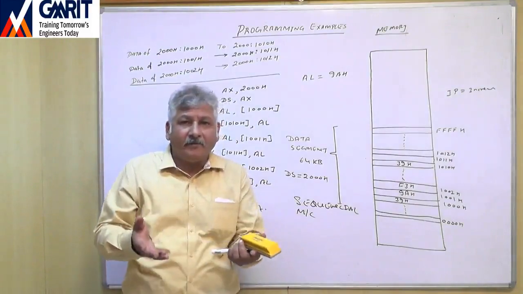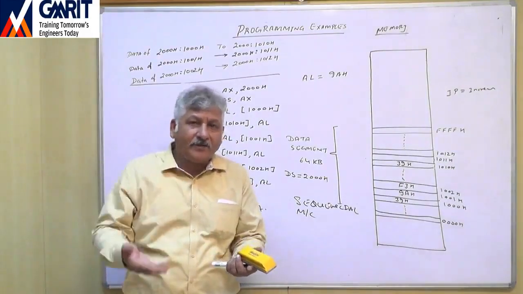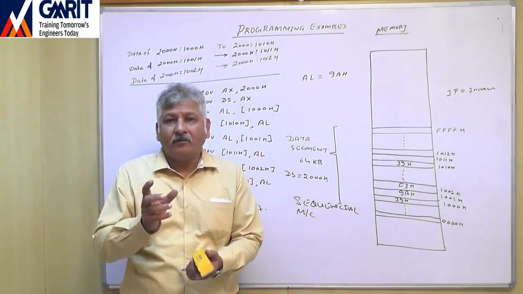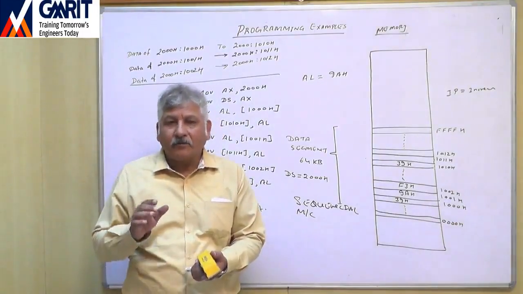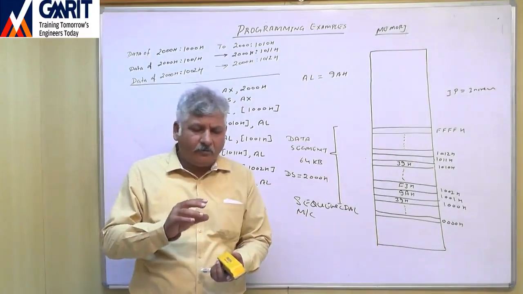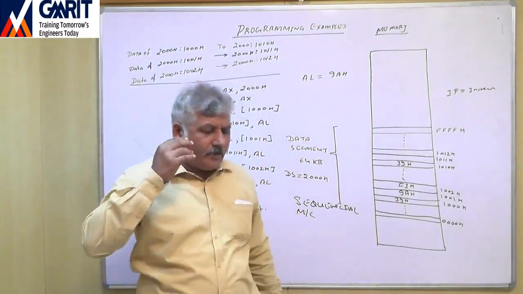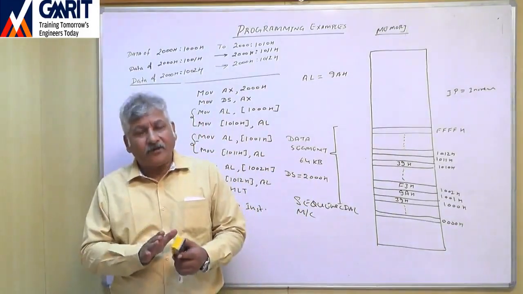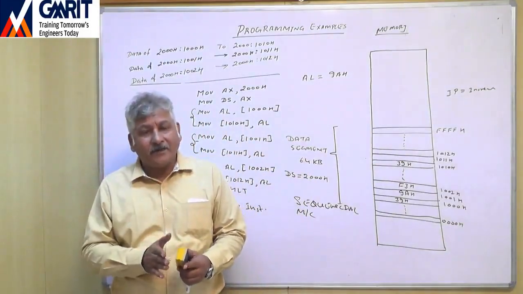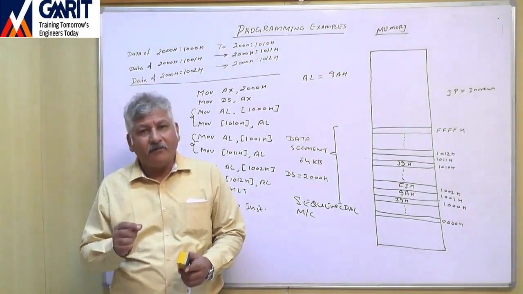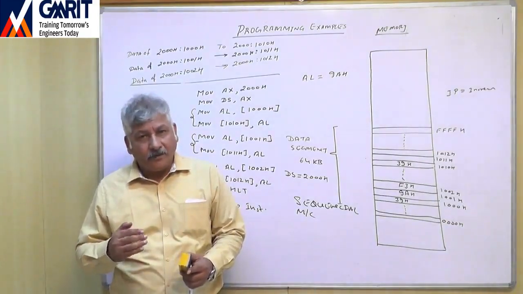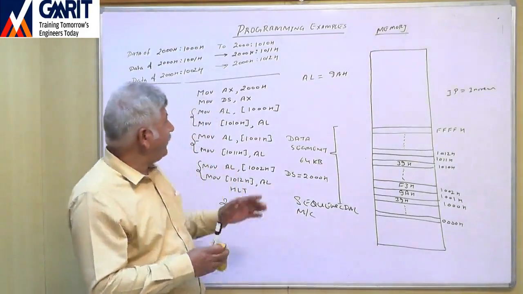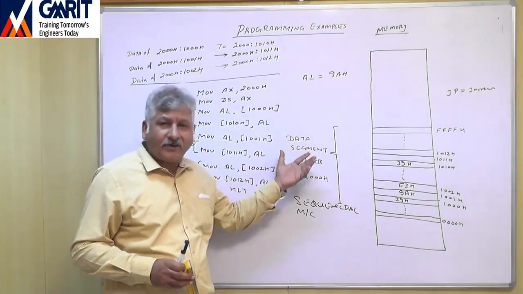So if the number of instructions increases, then the size of our program code will also increase. So we have to write a program thinking that the number of instructions or number of bytes in a program should be minimum. So in the next lecture I will discuss how to write an efficient program for the same problem.